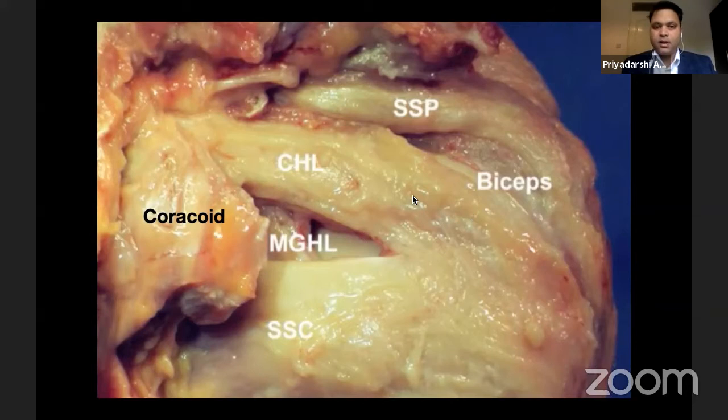That is called the coracohumeral ligament, and it has insertion into both the greater and lesser tuberosities, and it helps form the lateral pulley and roof of the bicipital groove. Inferiorly, you can briefly see the MGHL. This view does not show the superior glenohumeral ligament.